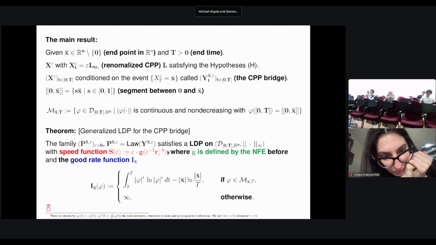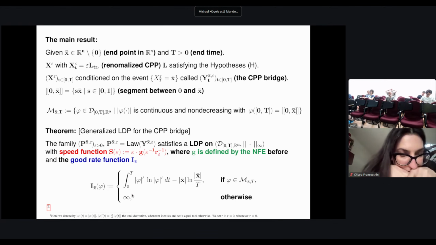Here we have r epsilon, and we have a good rate function, which looks a bit like some kind of energy. This is the integral from 0 to t of the absolute value of phi prime times the logarithm of the absolute value of phi prime, minus the end value, the absolute value of x bar times the logarithm of the absolute value of x bar over t.